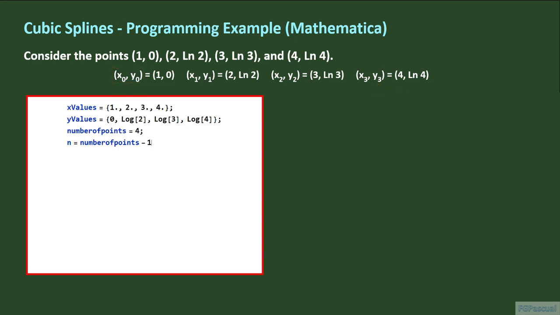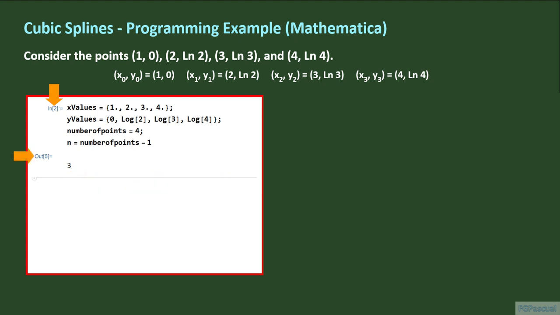Now, the mere act of typing these lines of code on screen does not input x values, y values, number of points, and n into Mathematica. We have to evaluate these lines of code. In order to do that, we press the keys Shift and Enter together, and we have inputted all of these values into Mathematica. We know this to be the case by this input symbol at the start of the lines of code. We also have an output.